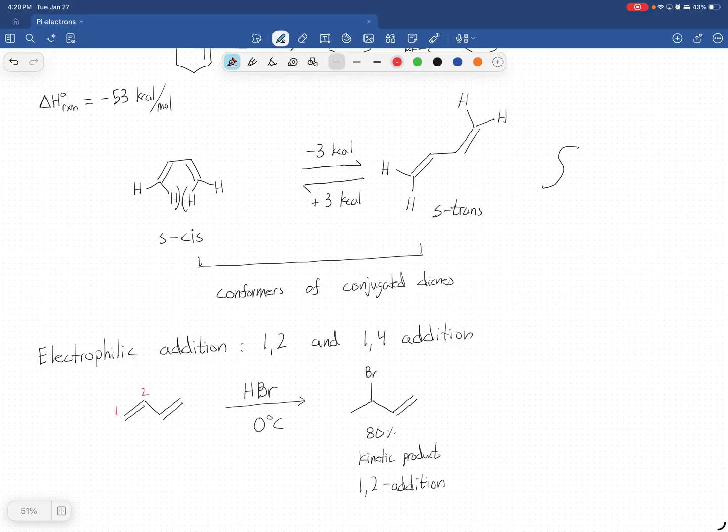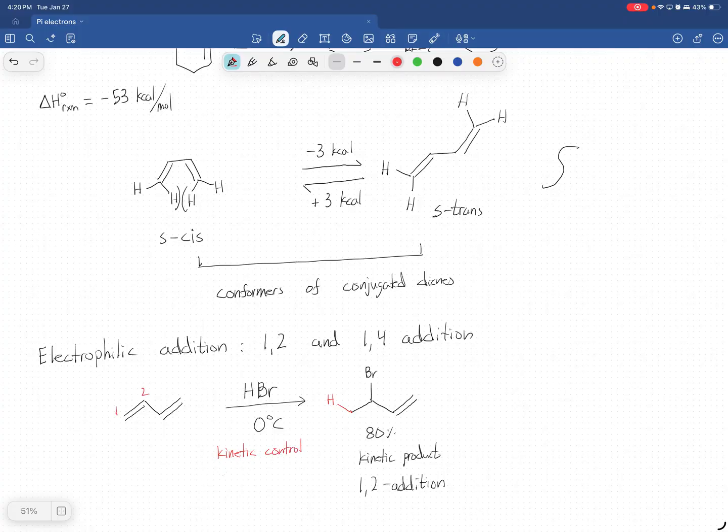If I add them across carbon 1 and 2, that's called 1,2 addition. And we get this in 80%, so pretty good yield. So at low temperatures, you have something called kinetic control. You're under kinetic control.